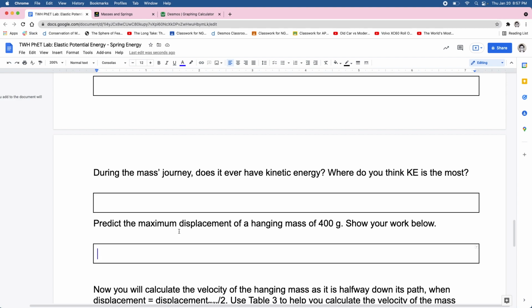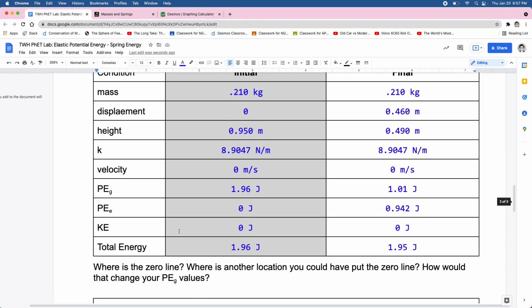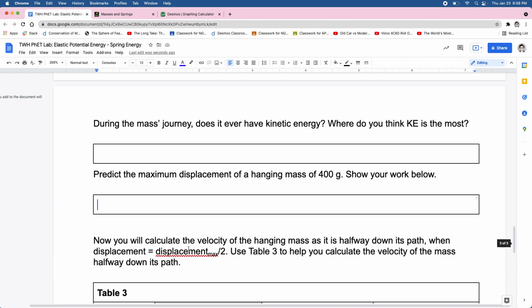What I want you to think about is that the difference between the initial height and the final height is the displacement. That is a key thing in writing out the equation for predicting the maximum displacement with a hanging mass of 400 grams. I'm going to make a whole separate video to answer this question because it's a little bit complicated. But if you're looking for a hint, that's the hint.